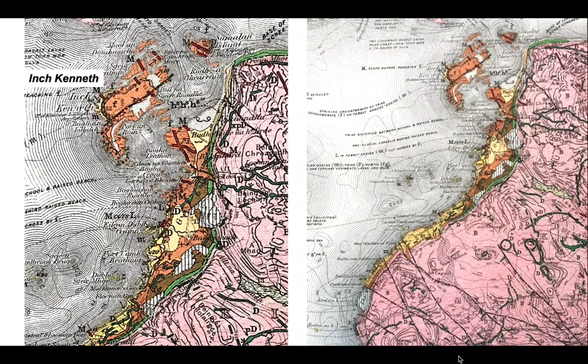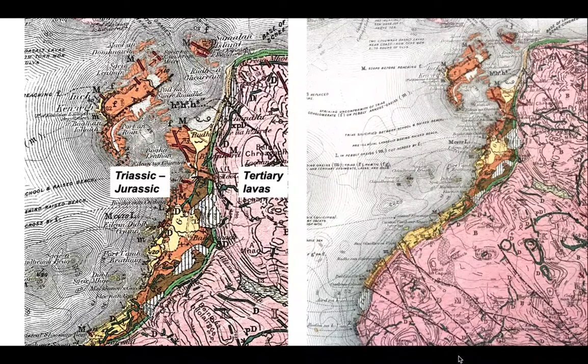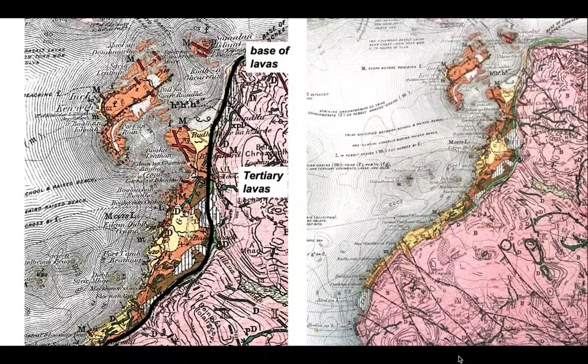The Triassic rocks are overlain by a thin veneer of Jurassic that underlies the lava fields. And the lavas are shown on the right-hand side of that blow up in the pink. And the boundary could be traced like this. So this is the base of the lavas. The lavas obviously erupted across the sedimentary rocks.